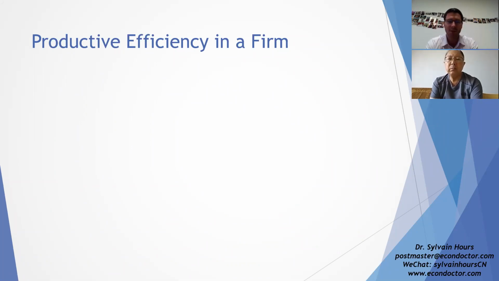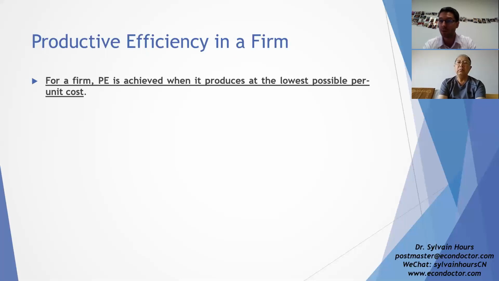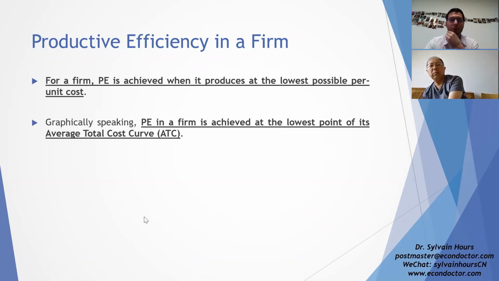When you define productive efficiency in a firm, you will simply say that PE is achieved when the business produces at the lowest per unit cost. Be careful if you want to use the concept of average total cost, because some definitions will just tell you this is when the ATC is minimized, because the cost curves are usually taught later in the A2 syllabus.